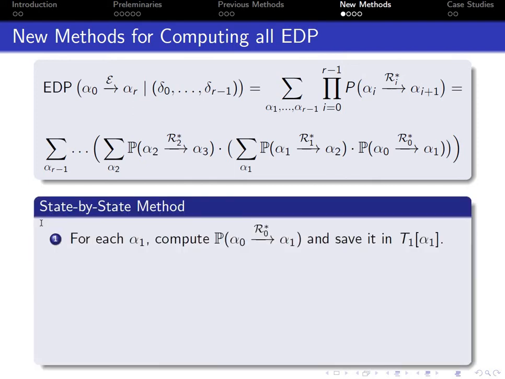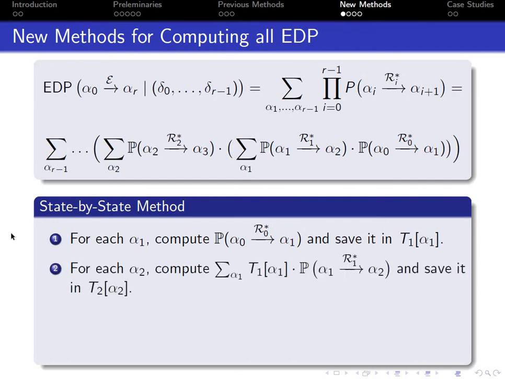In the first step, for each alpha 1 value, we compute the probability of differential transition over the first round and save it in a table T1 indexed by the alpha 1 value. Then, in the second round, using the values of table T1, for each alpha 2, we compute this sum, which is over alpha 1, and save these values in the second table T2 that is indexed by the value of alpha 2.